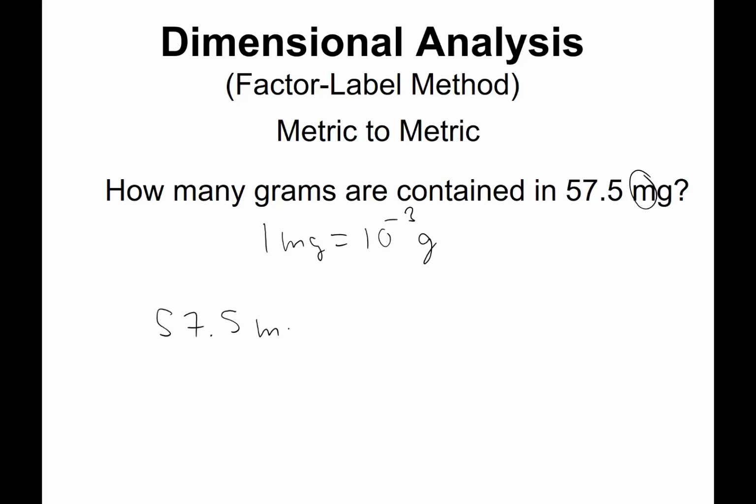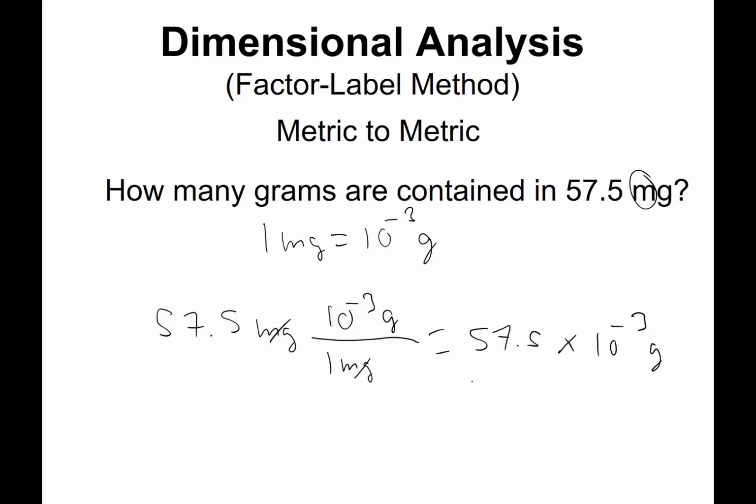And the factor label method then simply takes the 57.5 milligrams, divides by milligrams, and multiplies by 10 to the minus 3 grams. Milligrams cancels. We have 57.5 times 10 to the minus 3 grams.